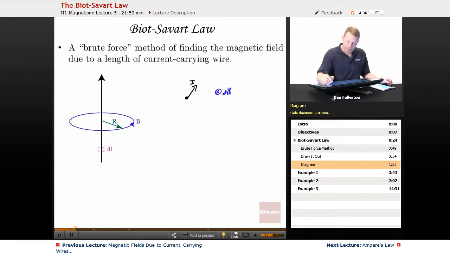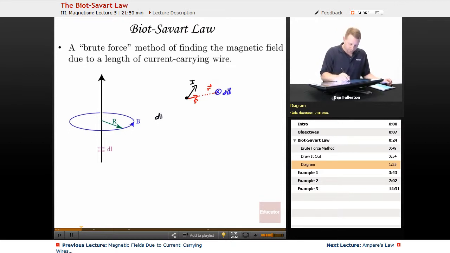I'm going to define then a line from my little bit of current to that magnetic field, and I could call that entire vector r, or I could define the unit vector in that direction, r hat. And I think that'll give us the basis for our analysis. If we looked at the whole thing, that would be vector r, just that little bit, the unit vector in that direction, r hat.